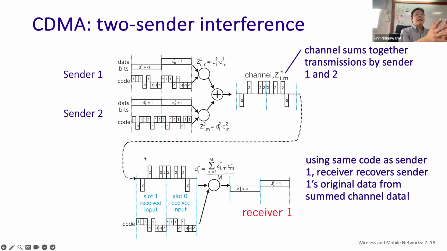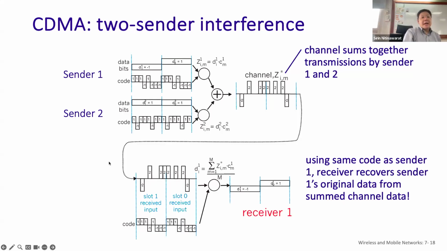And if you send them simultaneously, they get added over the air. So that's the combined received signal consisting of information from both senders. But of course, at the receiver, it wants to separate out the signal for the different users. So how does it do it?